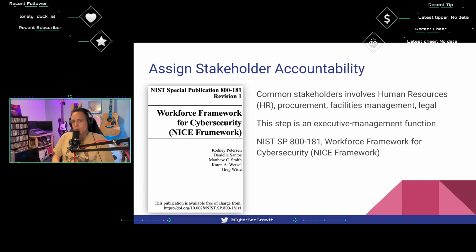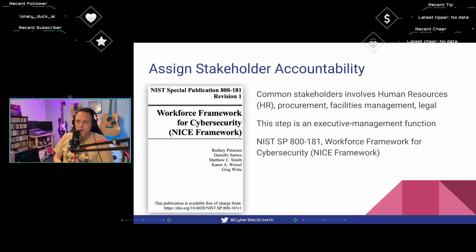So are you an advisory CISO? Are you a security leader who's more kind of advising the business? Or are you taking the business by the reins and getting things done? I'd say this is kind of a tough function to do if you are an advisor. If you are saying, I advise the business, but I don't actually do the business. If you are more kind of an advisor to the business, then you might want to partner with someone else to take the lead on this, someone from your executive team.